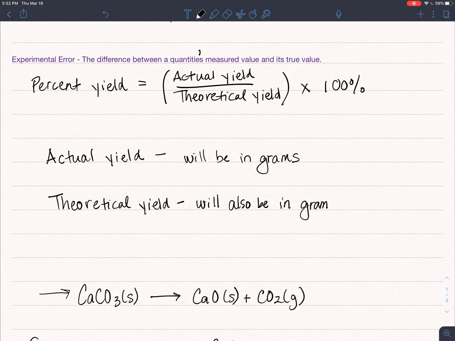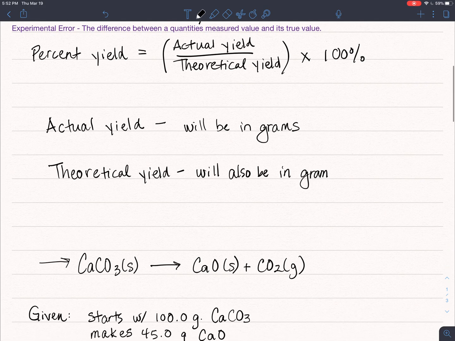So let's say we have a certain amount that we start with of calcium carbonate, okay? And then we know that through stoichiometry, we would be able to show how much we're going to create or how much we produce of either calcium oxide or carbon dioxide or both, right?